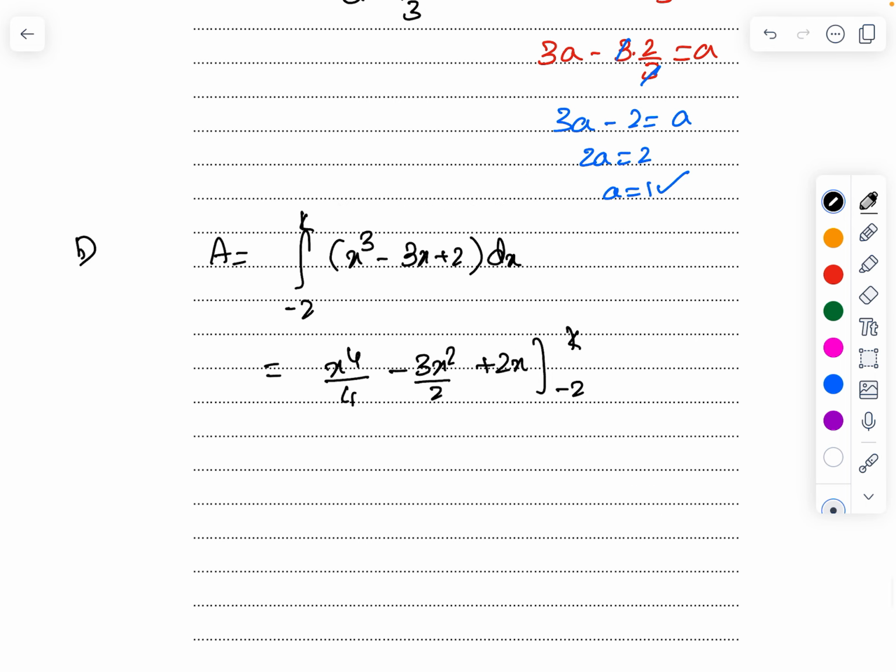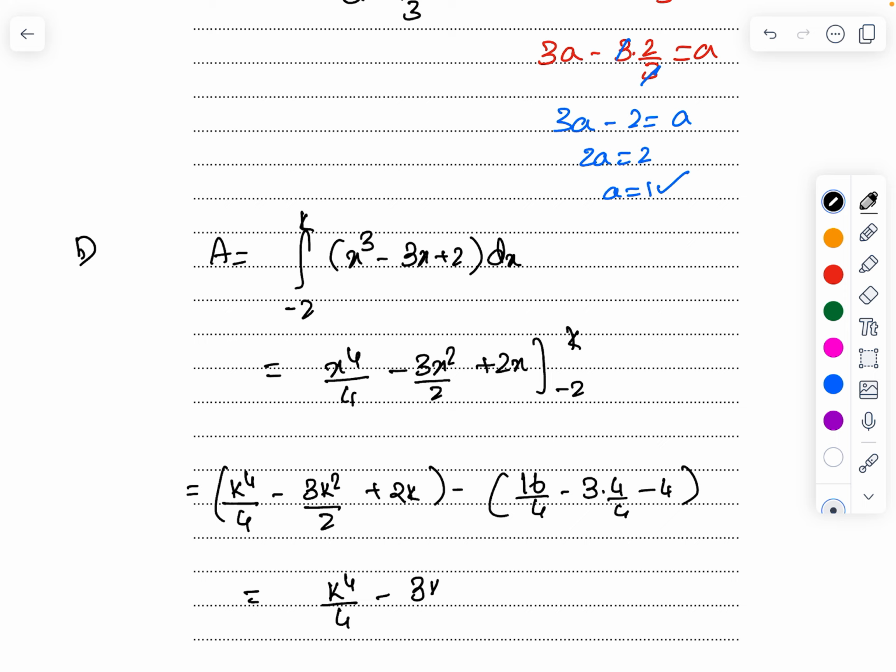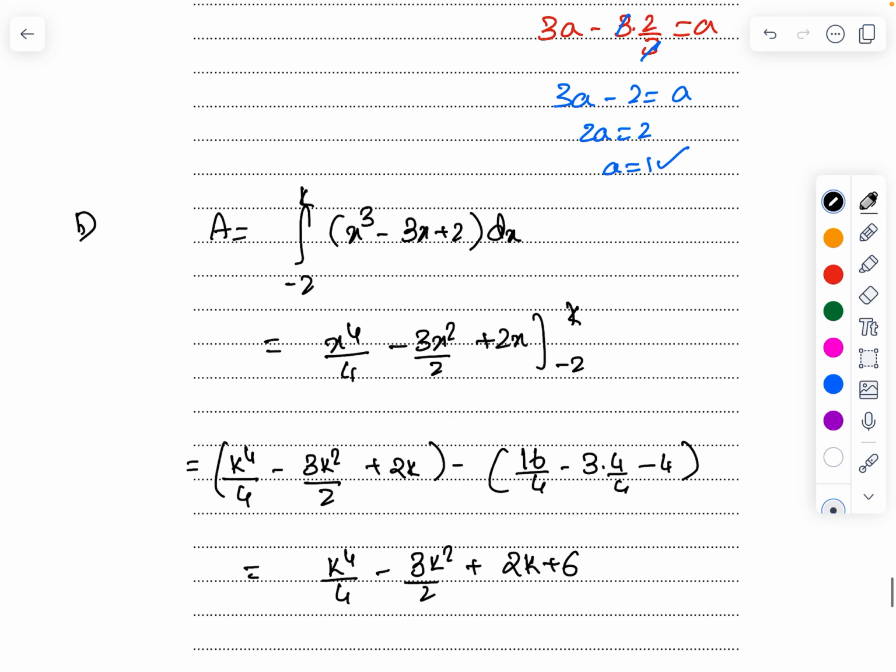So when I plug in those values, it becomes k to the power 4 upon 4 minus 3k squared upon 2 plus 2k, minus 2 to the power 4 is 16 upon 4 minus 3 times 4 upon 2 minus 4. So it becomes k to the power 4 upon 4 minus 3k squared upon 2 plus 2k plus 6. That's going to be the area.